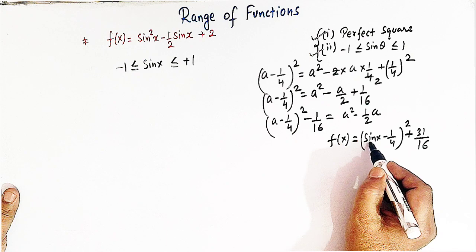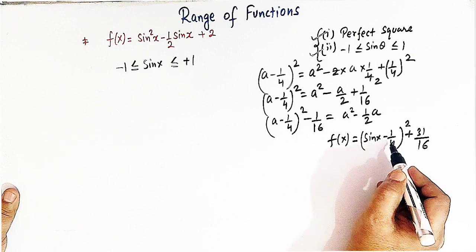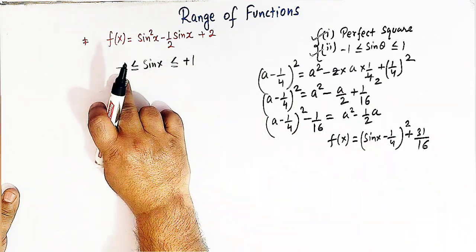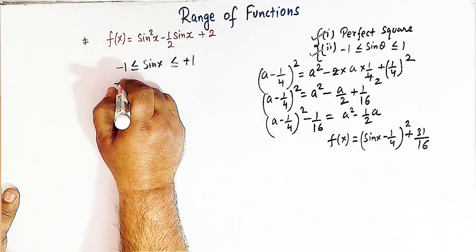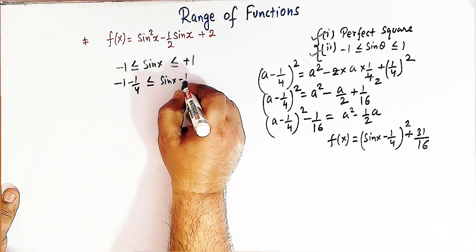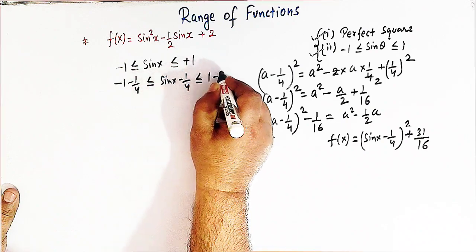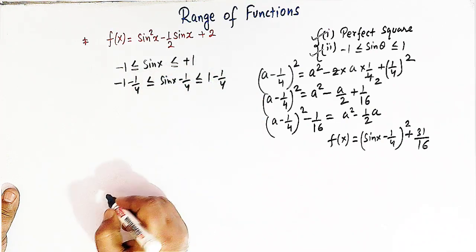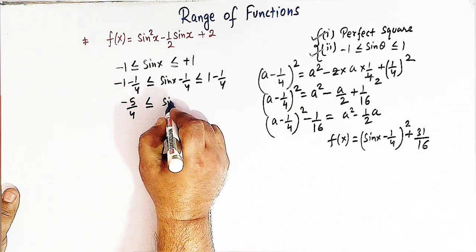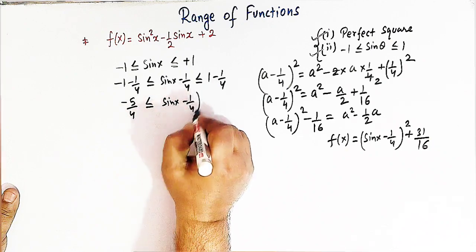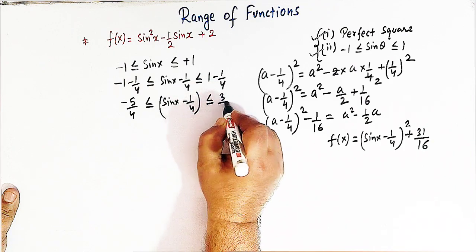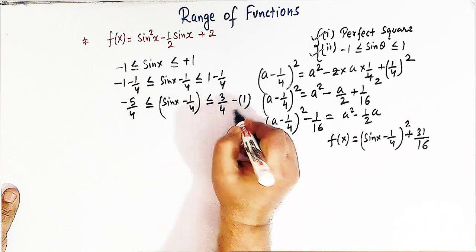Here we have sine x minus 1 over 4, so we subtract 1 over 4 throughout this inequality. So we have minus 1 over 4, then sine x minus 1 over 4, and here 1 minus 1 over 4. So this is minus 5 over 4, then sine x minus 1 over 4, and here 4 minus 1, this is 3 over 4.